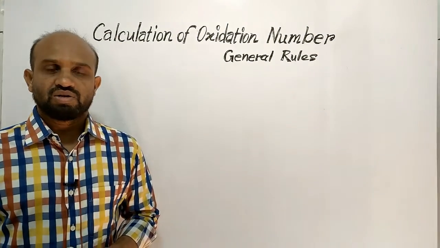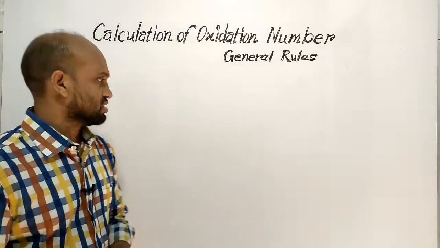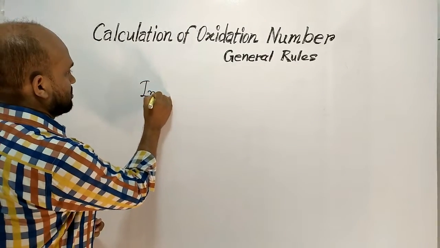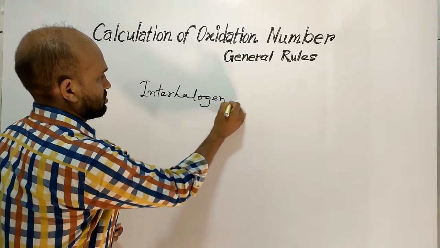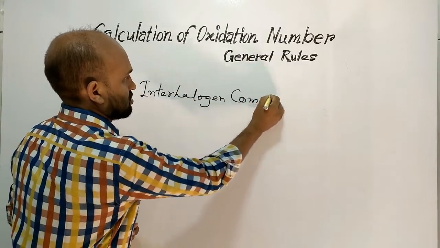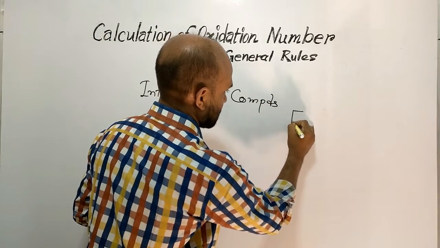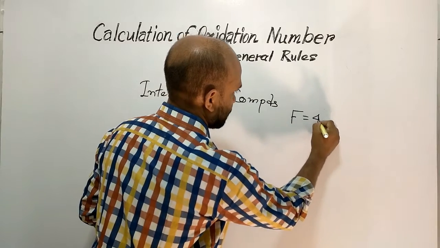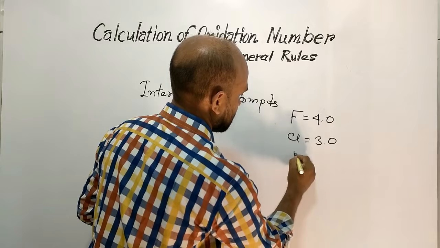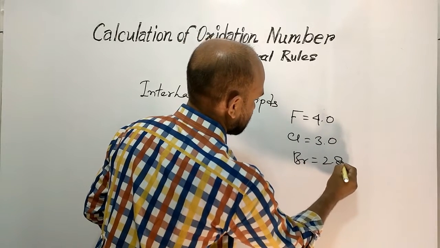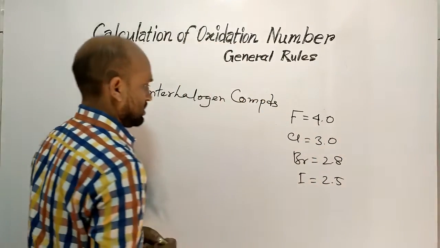Now let's see oxidation numbers in interhalogen compounds. Electronegativity of halogens are fluorine 4.0, chlorine 3.0, bromine 2.8, and iodine 2.5.